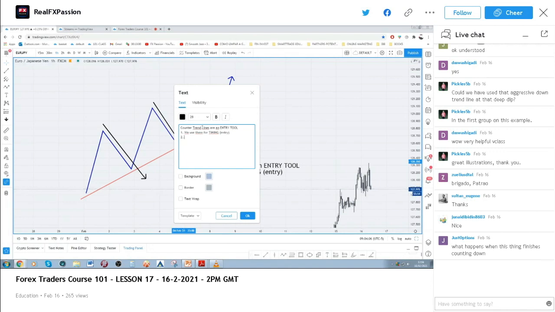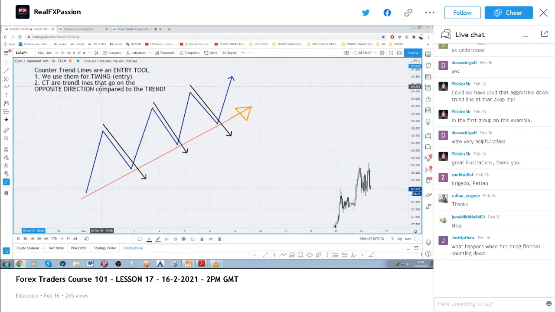And number 2, CTB stands for counter trend line break. So counter trend lines are trend lines that go in the opposite direction compared to the trend. Beginner traders.